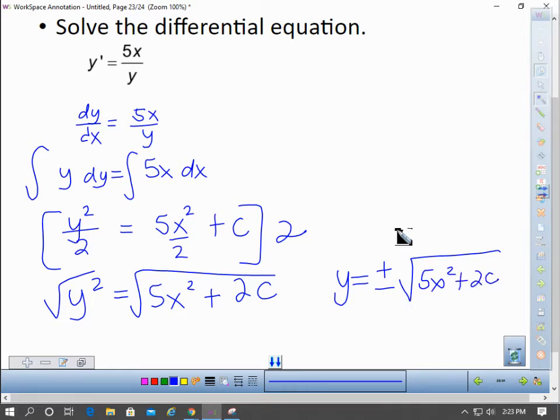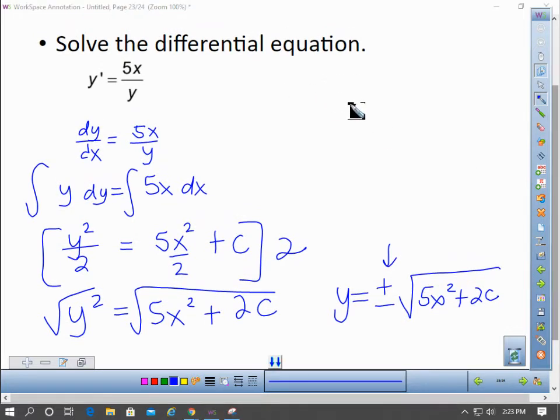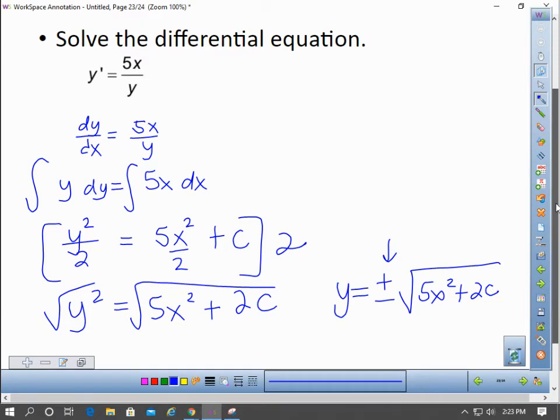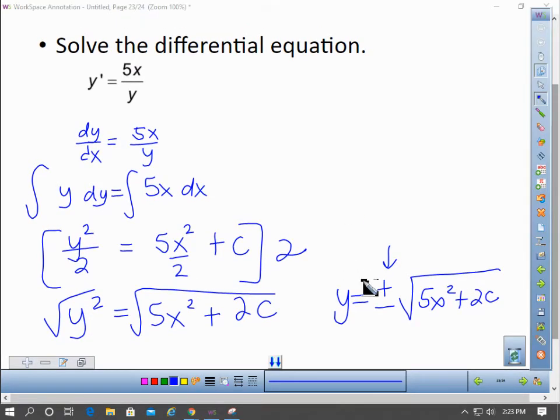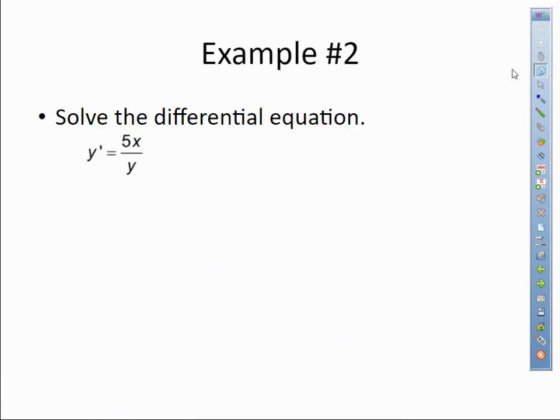So there's my answer. I just don't know at this point whether to take the positive or the negative answer. I would need more information, and that would be given by an initial condition that you've been given in the past. And so we'll talk more about that when we need to do those kind of problems. But here we're just solving the differential equation for y and keeping the plus c in there.